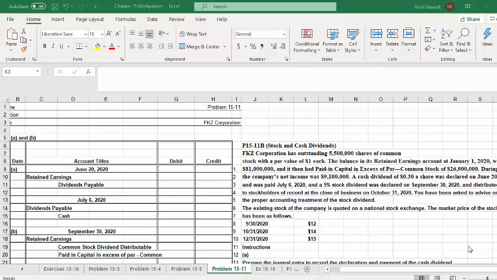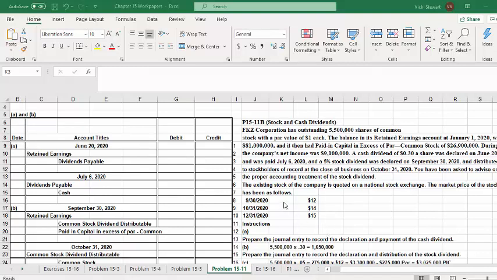You have been asked to advise on the proper accounting treatment of the stock dividend. The existing stock of the company is quoted on a national stock exchange, and the market price of the stock has been as follows, and they give us the market price of the common stock on 9/30, October 31st, and then at December 31st of 2020.